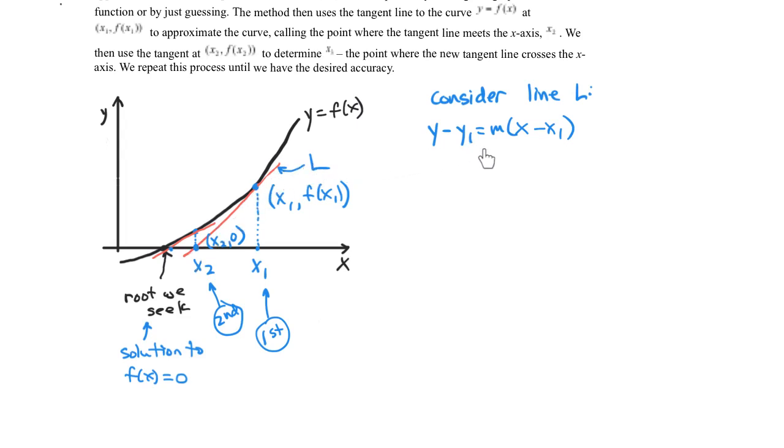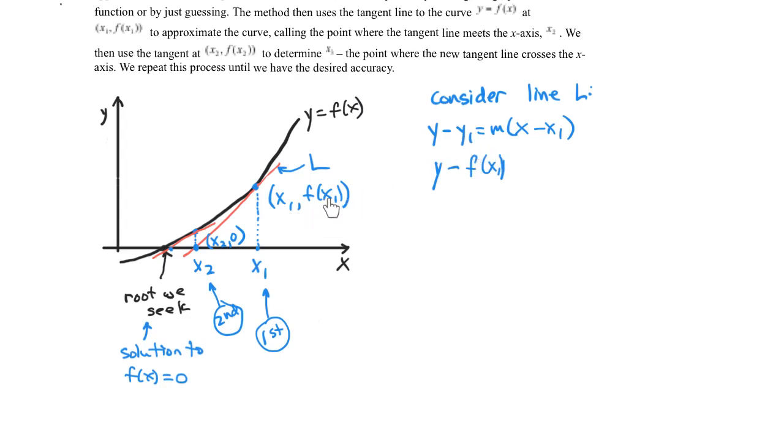If we plug this in, remember the way this works, we have a slope and then the point x1, y1. Well, x1, y1 we can use right here. So we could say, okay, this is y minus f of x sub 1, because that y1 is right here.